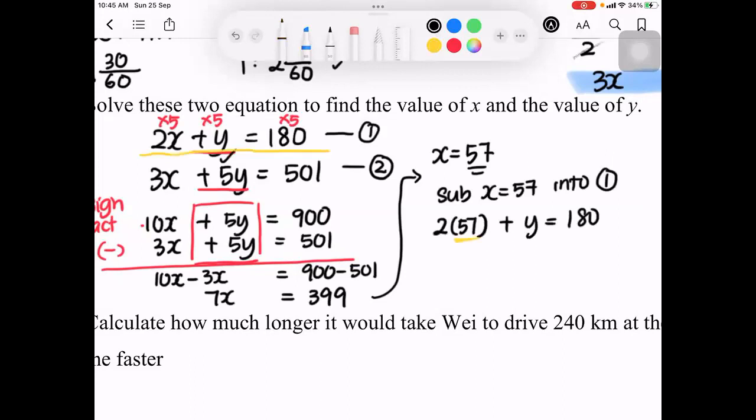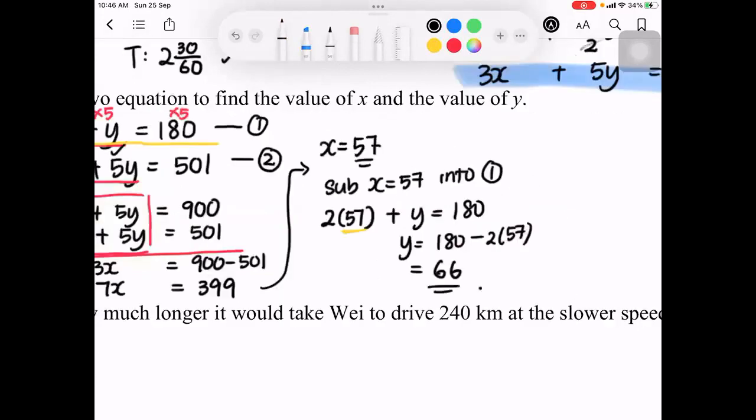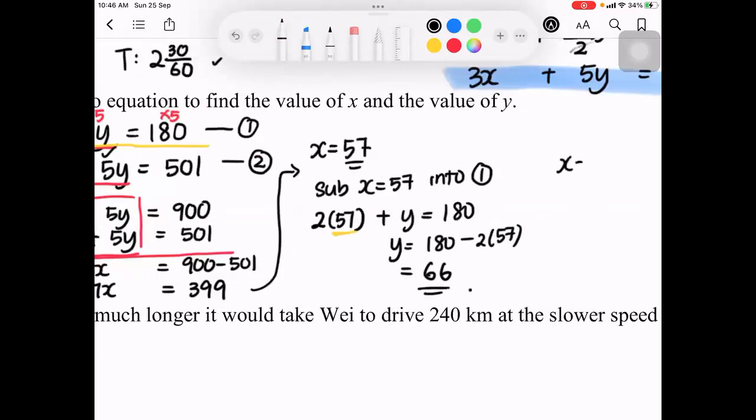So then I want y only. That means I take 180 minus 2 times 57. Calculate the number. I get 66. Okay, so find the value of x and y. X equals 57. Y equals 66. Answer.